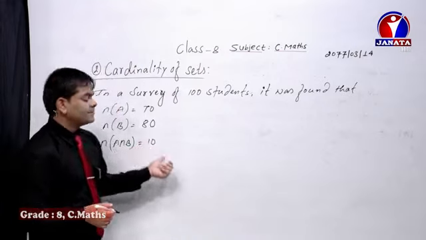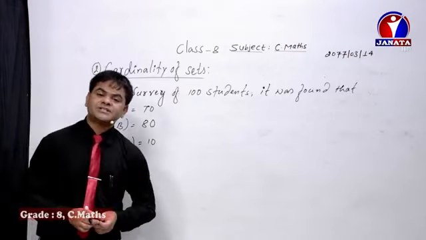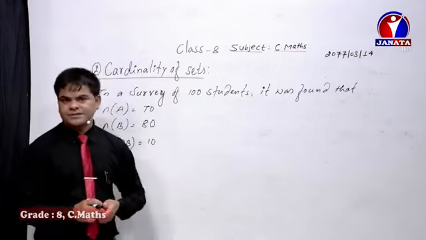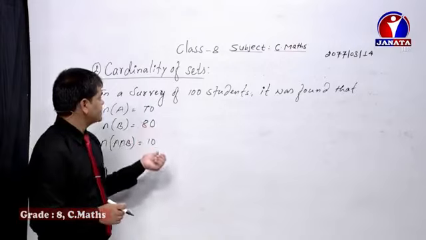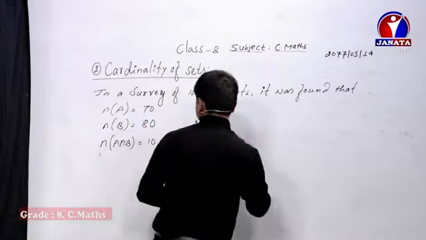So how to keep all this information in a Venn diagram, and how to find the tag question along with the main question, dear friends. Today we are discussing this cardinality of sets. So let's prepare a Venn diagram.